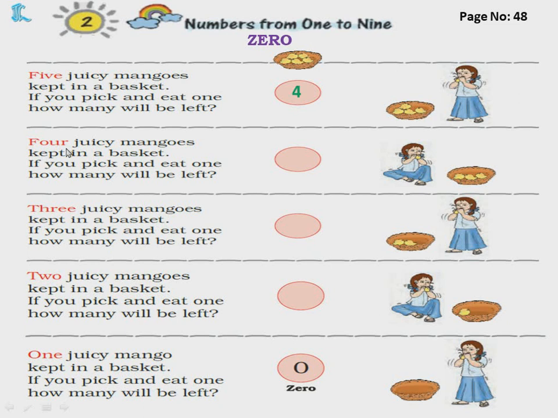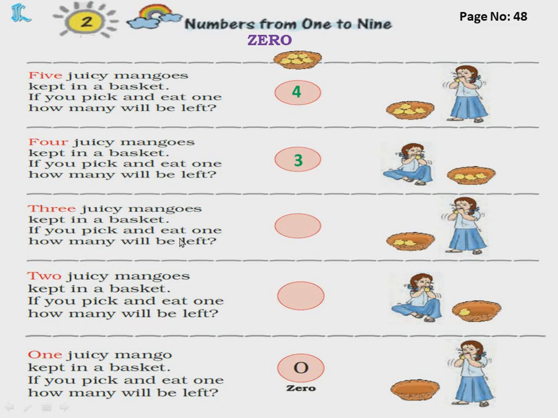4. Next, 4 juicy mangoes kept in a basket. If you pick and eat one, how many will be left? Now 4 are there. From that you have taken 1. So how many are there? 1, 2, 3. Next, 3 juicy mangoes kept in a basket.